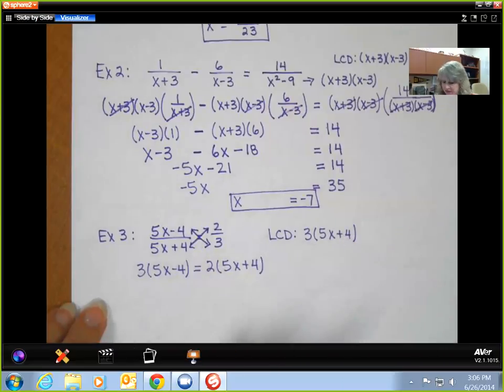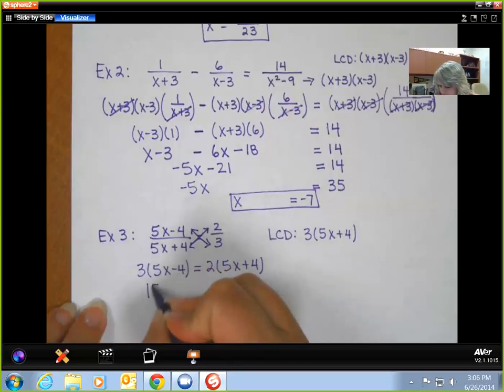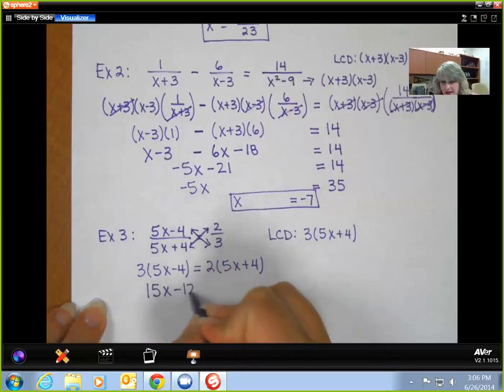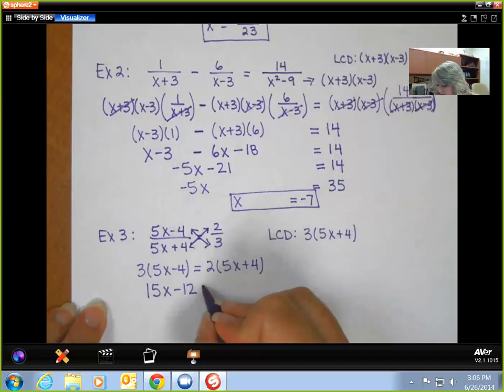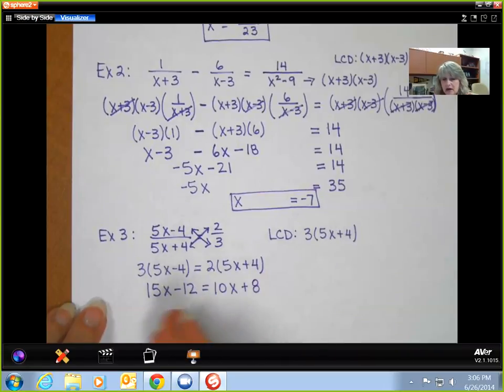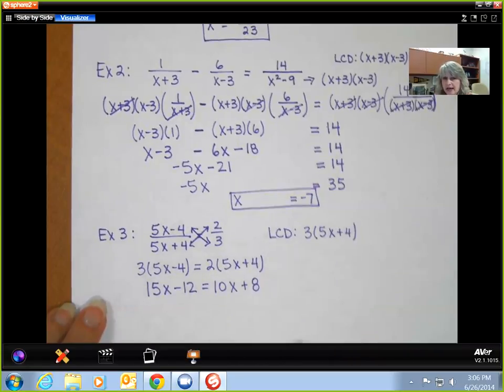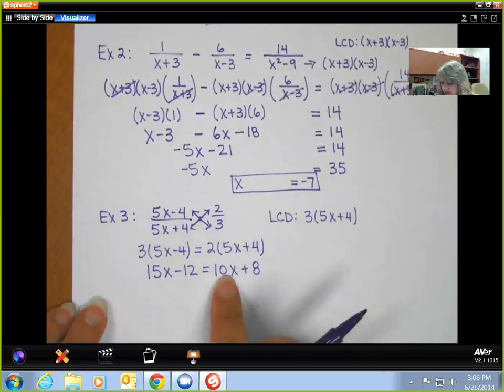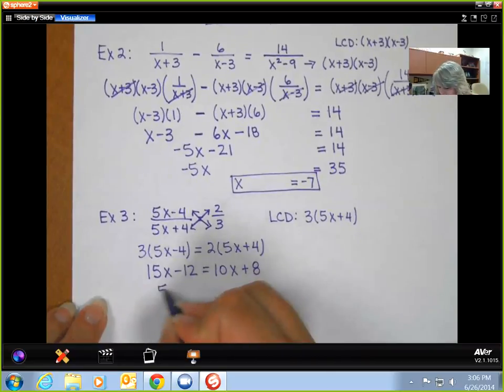All right, now let's simplify. We get 15x minus 12, because I distributed my 3, equals 10x plus 8. Now, I need to solve for x, and I have more x's on the left than I do on the right. So I'm going to take away 10x from both sides, so subtract 10x.